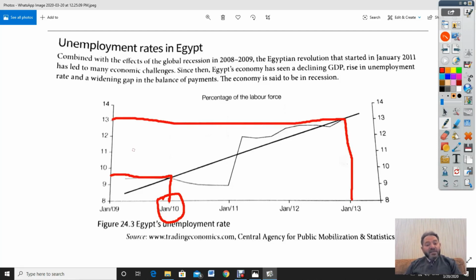So it rose massively, from 9.5 percent in January 2010 to 13 percent in January 2013. It rose massively, unfortunately. Let's get back again to our slides.